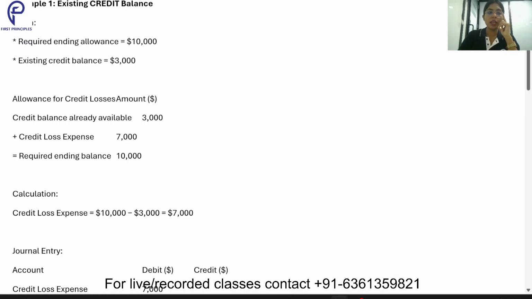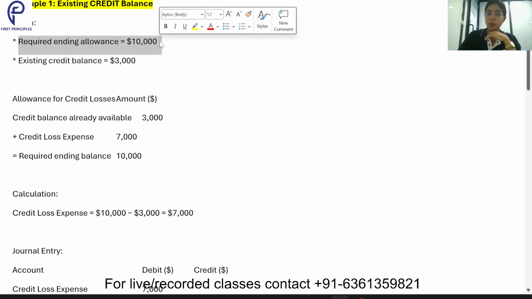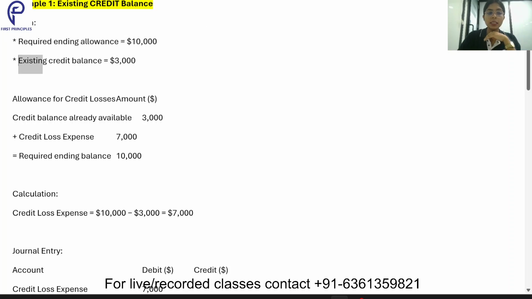Example 1: the situation when we have a credit balance, that means the allowance for credit loss account looks fine. The required ending allowance balance is 10,000 bucks, but the existing credit balance is 3,000 bucks. So we want it to be 10,000, but at present it's 3,000.